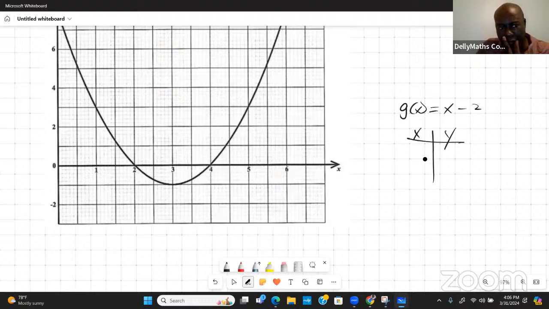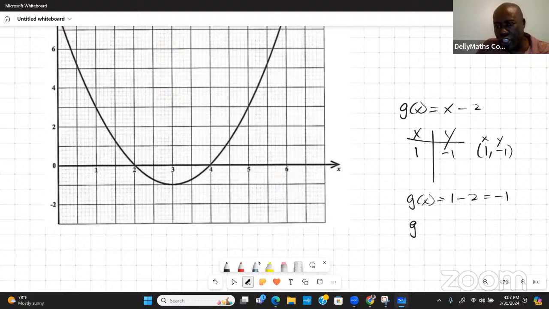If x is 1, you substitute 1 in the formula. g of x is equal to 1 minus 2. You are saying let x be 1, and this is going to give you -1. So in other words, a point is 1 with a -1. This is your x that you suggest, and it spits out a y value, input, output.